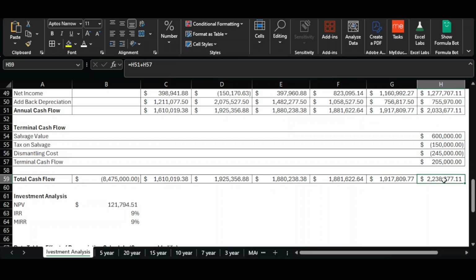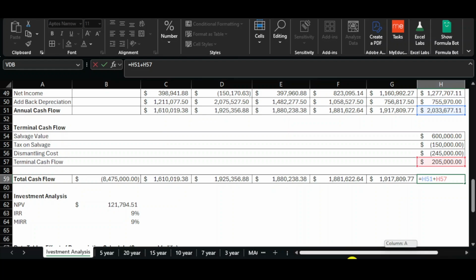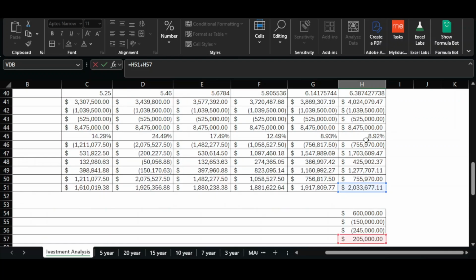However, on the last cell, it's a different logic. I have to take note. This part of it is the only cell that doesn't mirror the thing above it because it's measured differently. It is going to account for the summation of the annual cash flow at the end of the life, which is 2.03 million, which is already here.